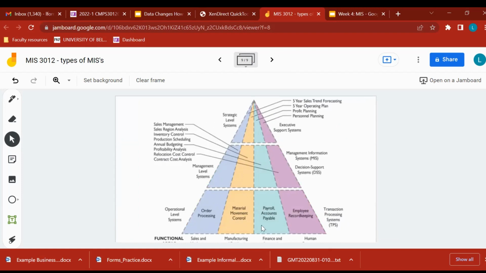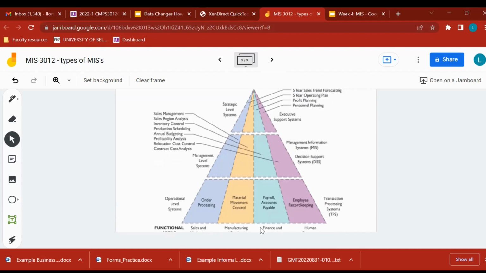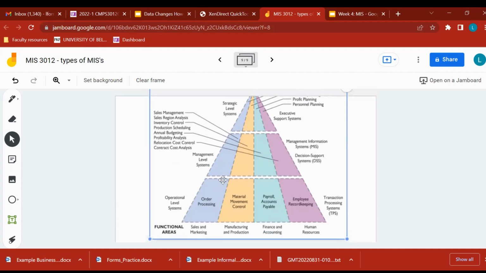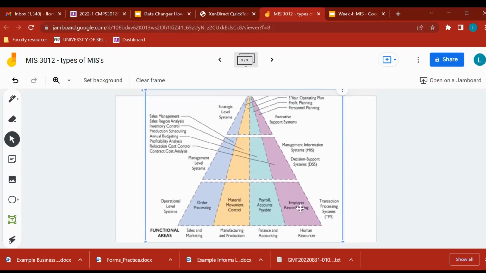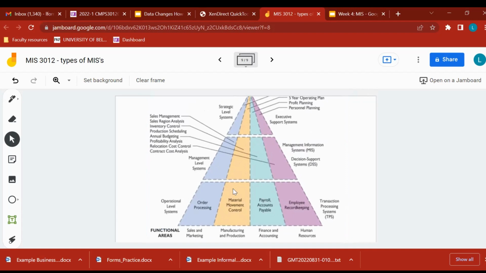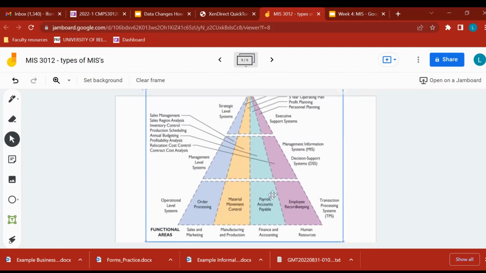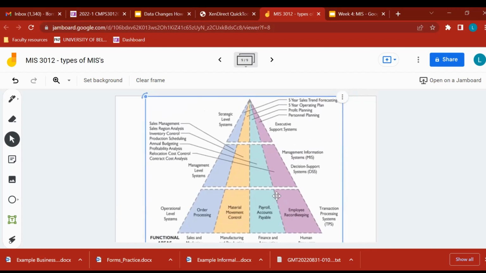And I'm glad you brought up that example, because notice it would have order processing. It might not have the same units that are listed here, for example sales and marketing, but you're seeing several different functional areas being affected by this one system. This is why you have to go over those interactive slides.